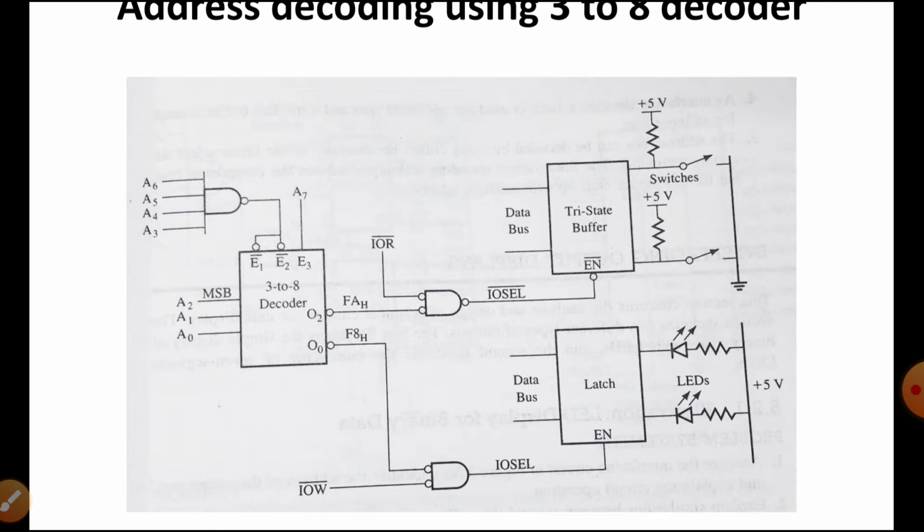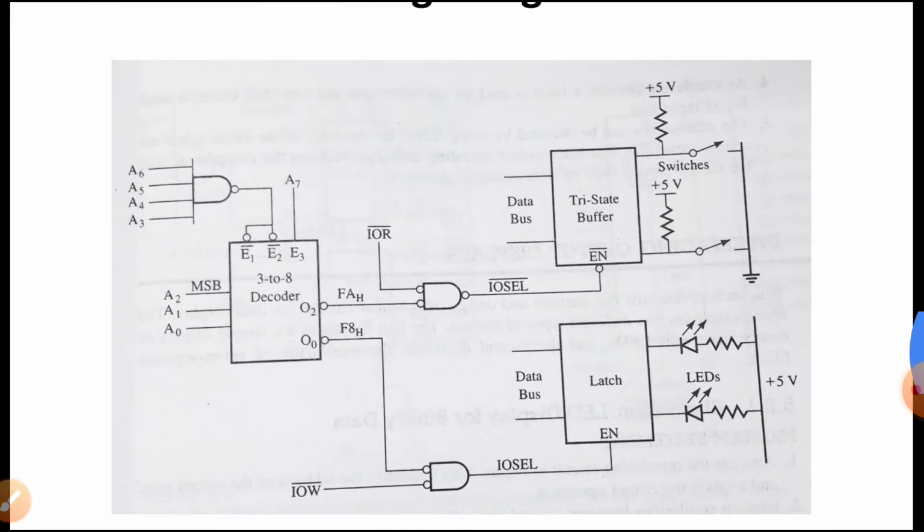So it means 8 devices can be connected with the output of the 3 to 8 decoder, and this circuit is used to generate the address pulses for the 8 different addresses. Now this is the first step which I have discussed.